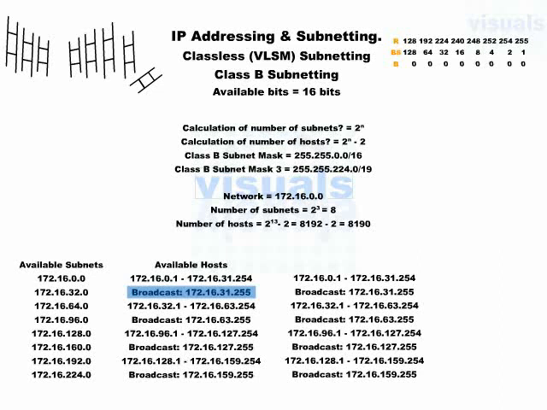Next subnetwork is 172.16.32.0. For this network, valid addresses are from .32.1 to .63.254. The broadcast address is .63.255. Next subnetwork is 64.